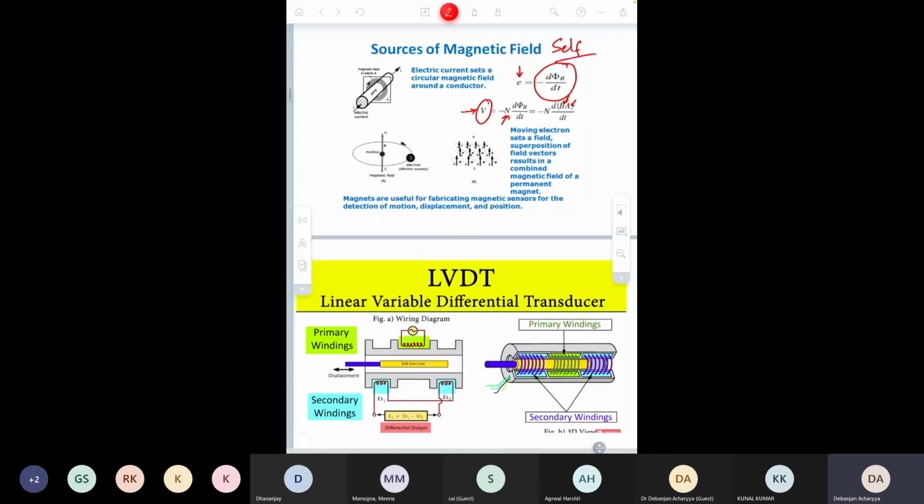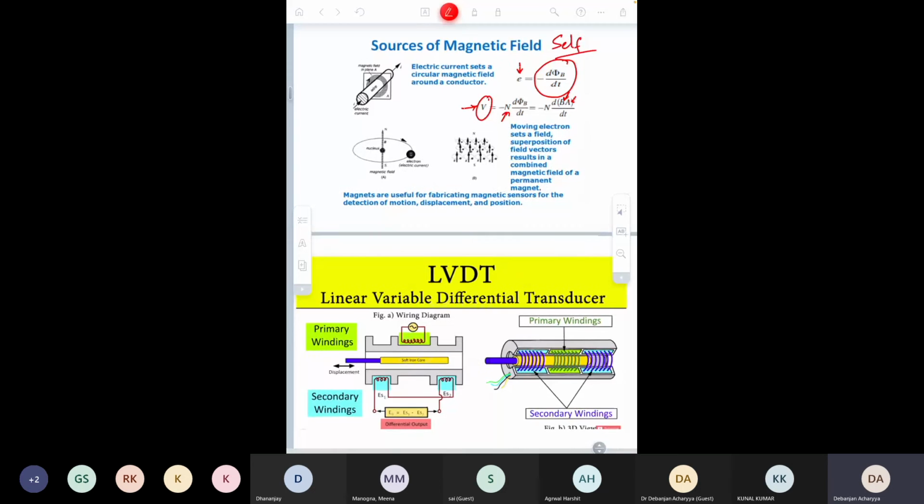Mutual inductance means that if there is a current carrying conductor, and adjacent to that current carrying conductor another conductor is there, then a mutual inductance is created at that adjacent conductor, and that is called the mutual inductance.